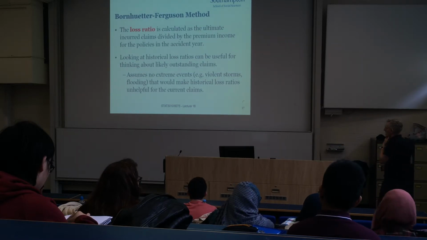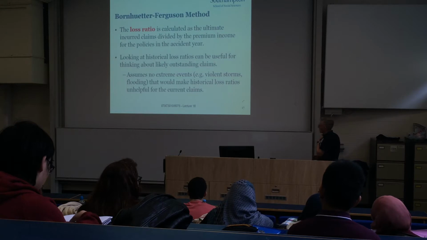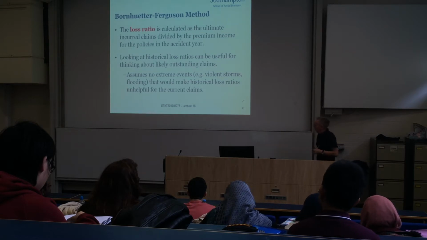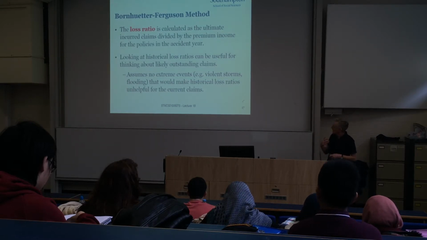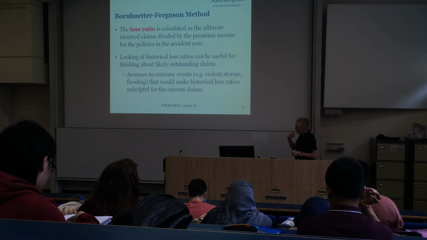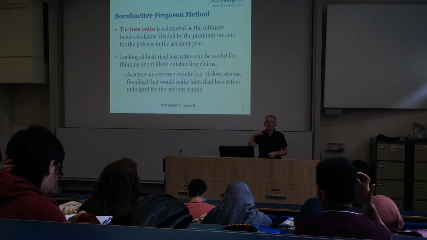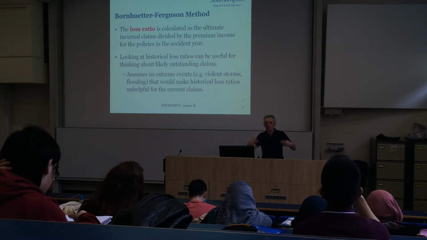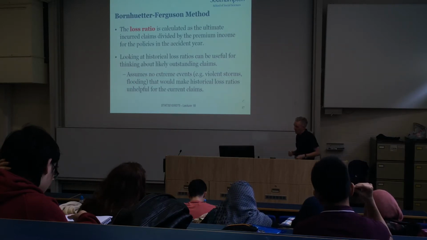So I suspect insurance payouts on buildings insurance or contents insurance were probably quite high. So you may get odd events, extreme events, where in that year maybe the historical loss ratio is not a particularly sensible thing to use.